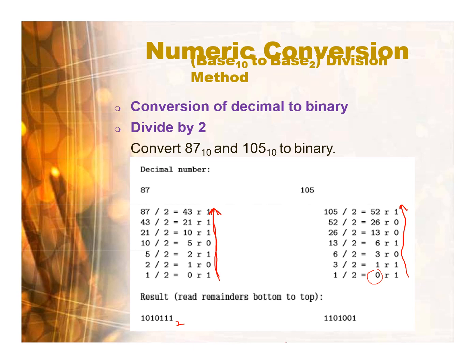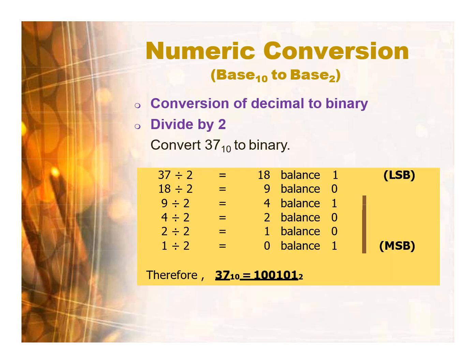So this is how you convert to binary numbers. When you convert decimal numbers to binary, why do you have to write from the bottom to the top?